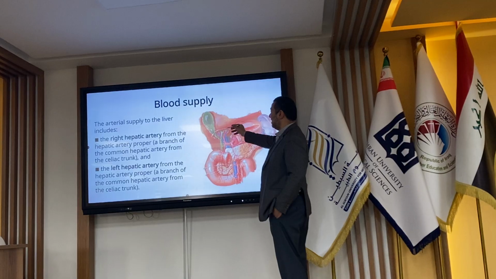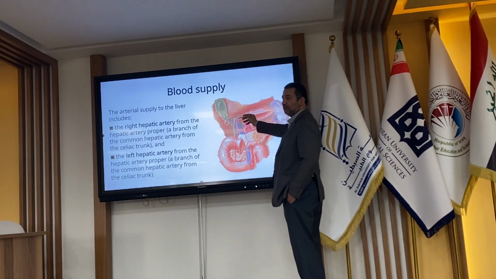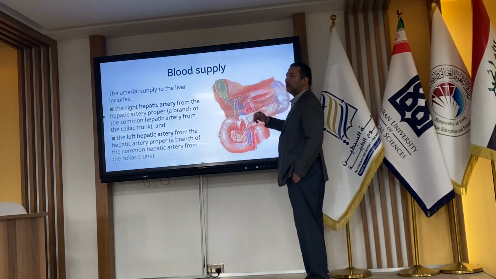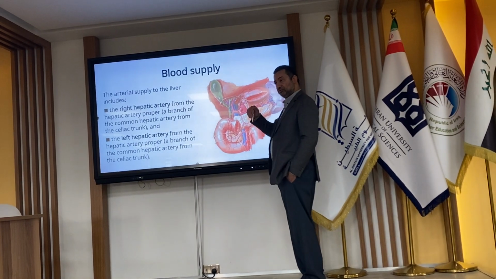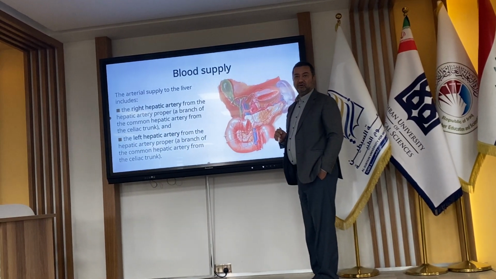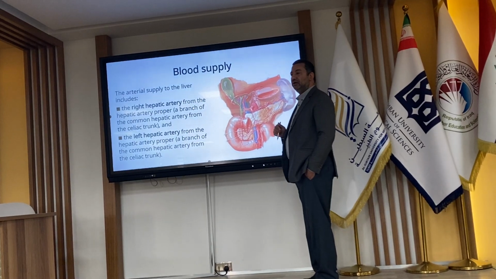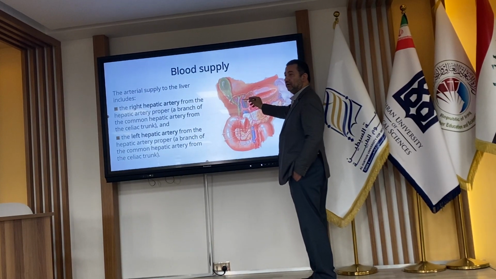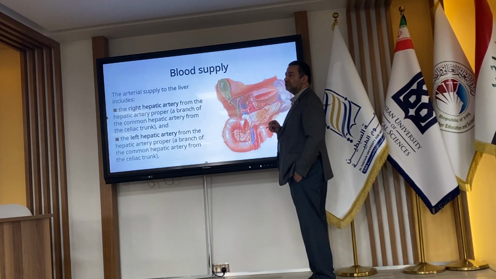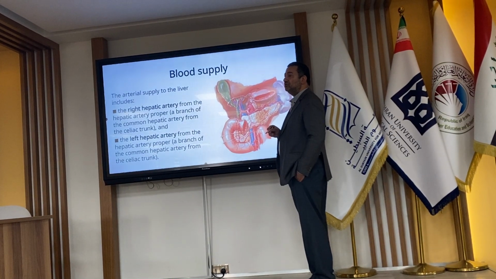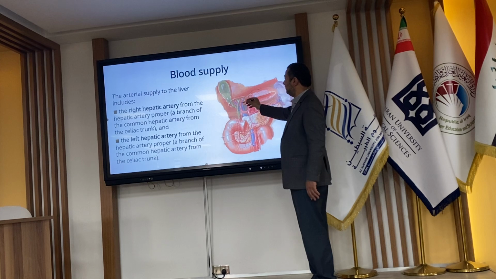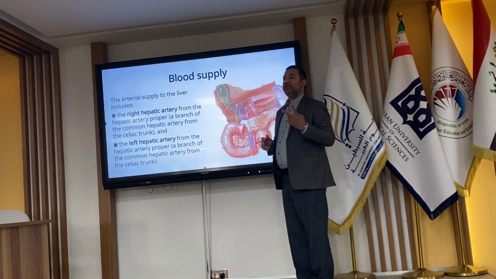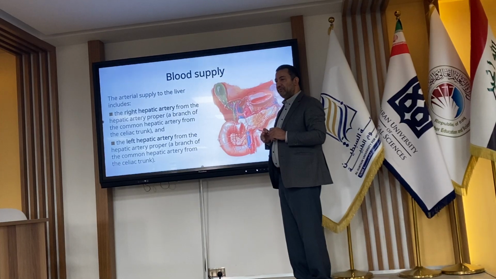This artery ascends, and right gastric artery is a branch of the hepatic proper artery that enters the lesser omentum and makes anastomosis with the left gastric artery. Hepatic proper artery divides into two branches, right hepatic and left hepatic arteries, and these two arteries enter into the porta hepatis.